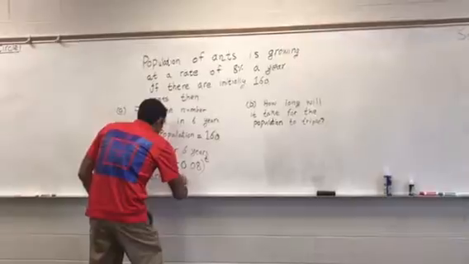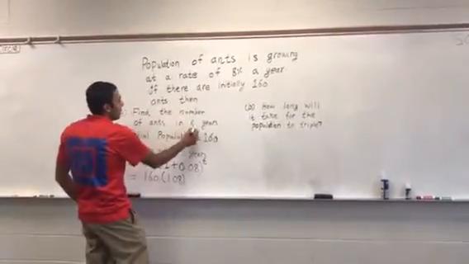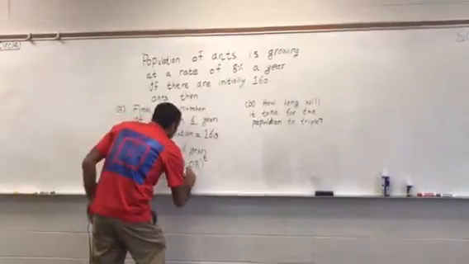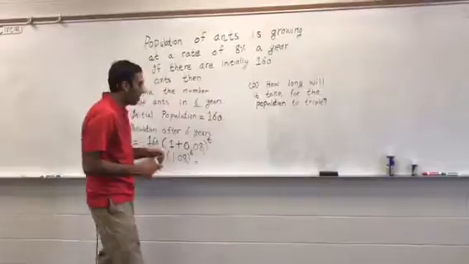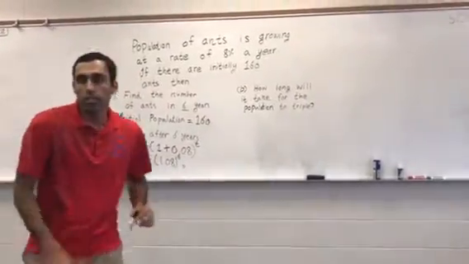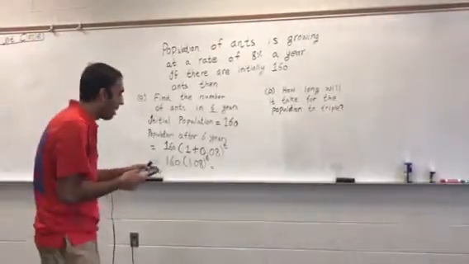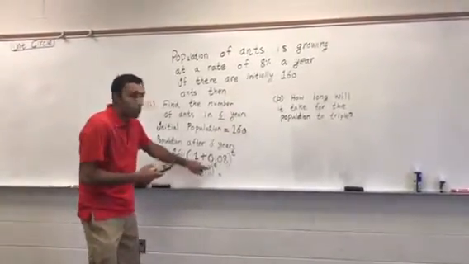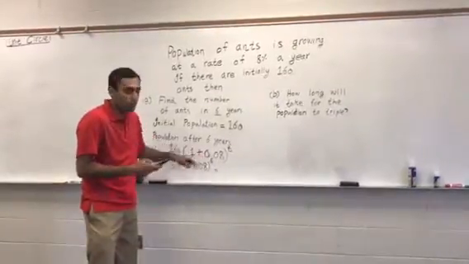Okay. So here your final answer will be 160 times 1.08 to the power of what? The number of years you're going for, to the power of 6. So now you would just put that in your calculator, 1.08 to the power of 6, and then multiply it by 160. Make sure you do your exponent part first.